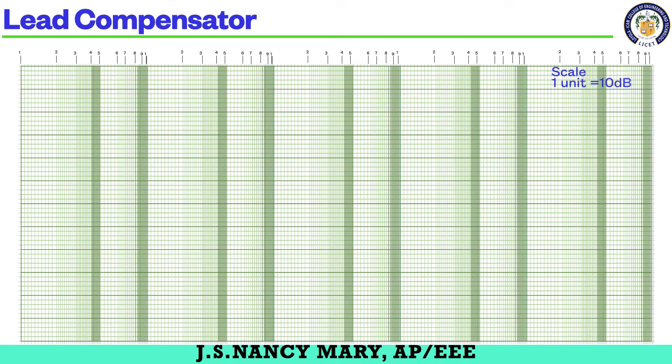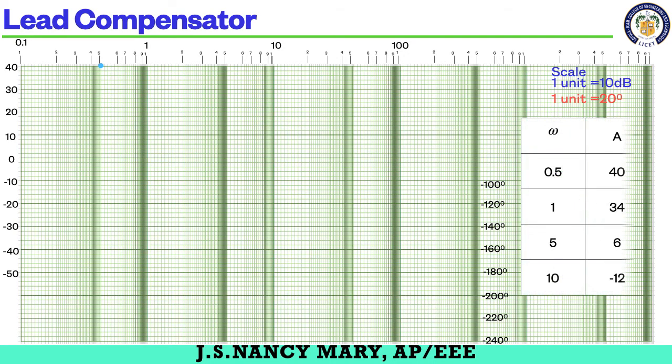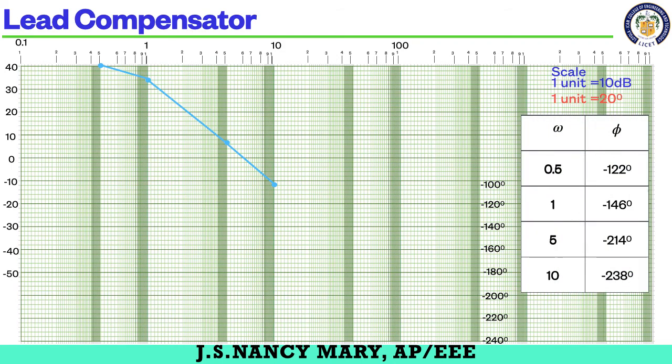For magnitude, at 0.5 it is 40, at 1 it is 34, at 5 it is 6, and at 10 it is minus 12. Plot all the values and join them; this is your magnitude plot. Now for the phase, again 0.5 is minus 122, then minus 148, minus 214 and minus 238. Join it.